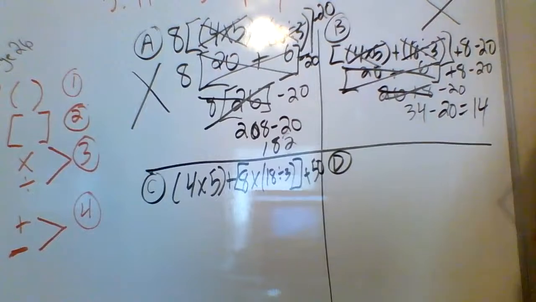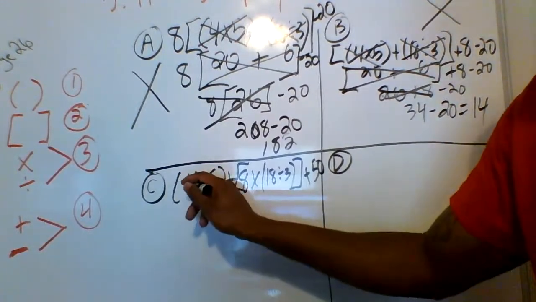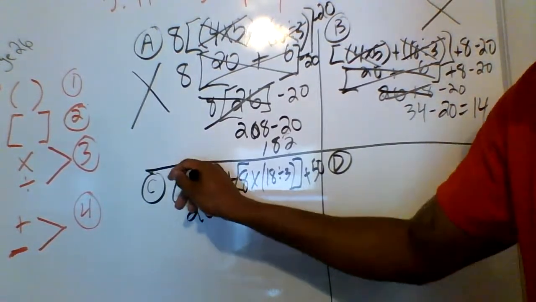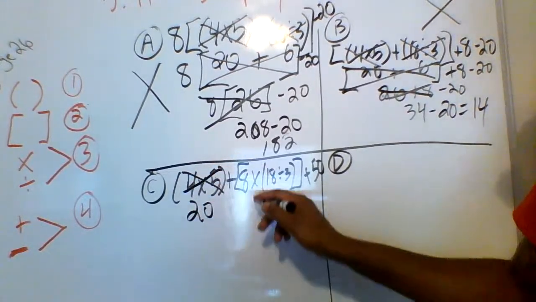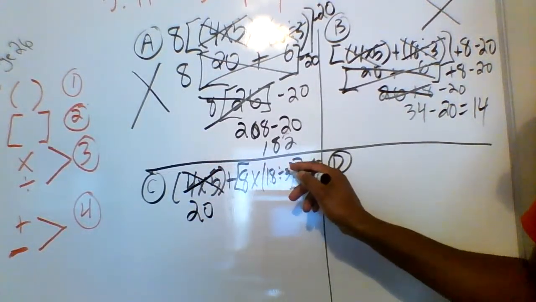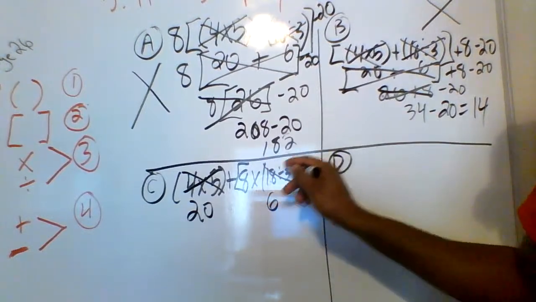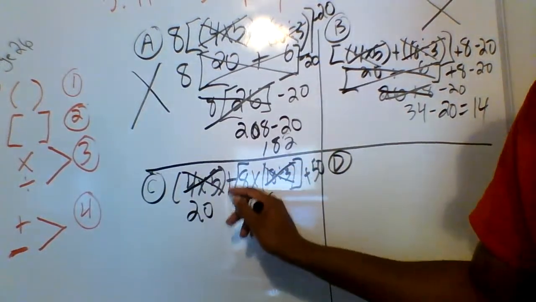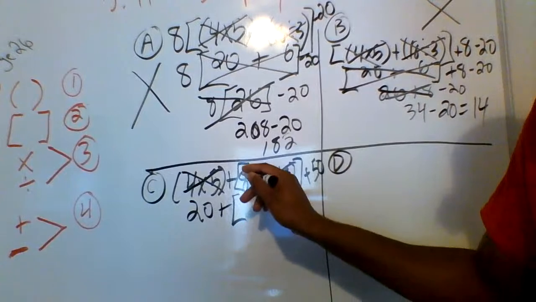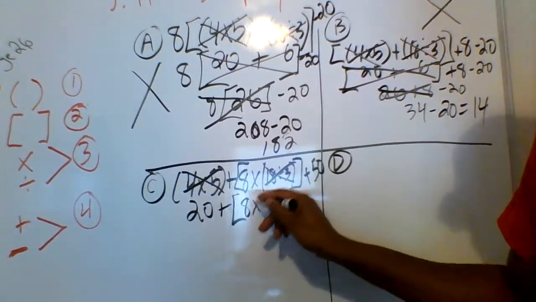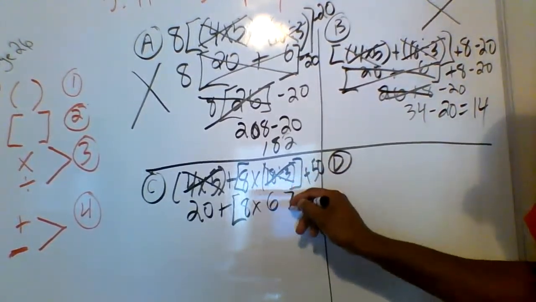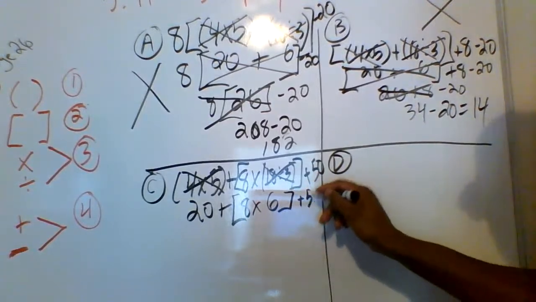Right? Well, 4 times 5 is still 20. Cross that out. 18 divided by 3 is still 6. Cross that out. 20 plus bracket 8 times 6, bracket plus 50.